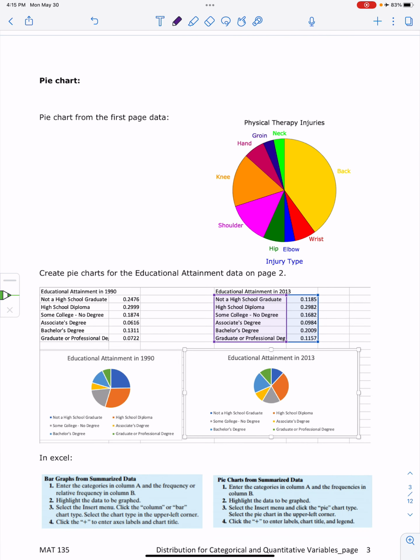Here's the pie chart from that first page data. Obviously, this was created with electronics. That makes it a little easier, and you can take a look at the examples below. We can use Excel to make these graphs for us. You don't have to do these a ton as far as homework goes. This will be nice when you do the first project. Okay.